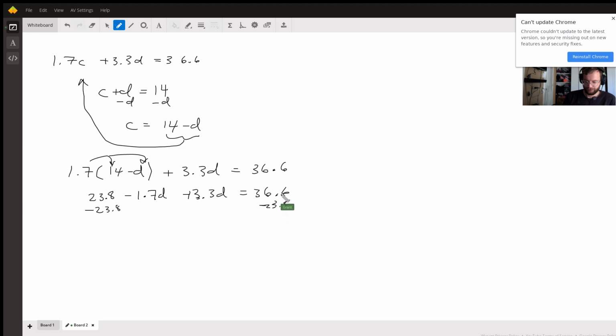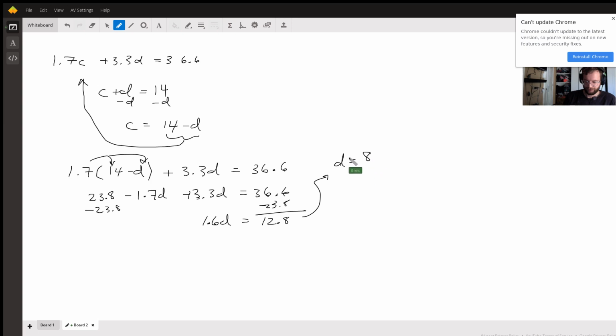So we take 36.6 minus 23.8, and we're getting 12.8 is equal to 3.3 minus 1.7, 1.6D. So if we take 12.8 and we divide it by 1.6, we're left with D is equal to 8.